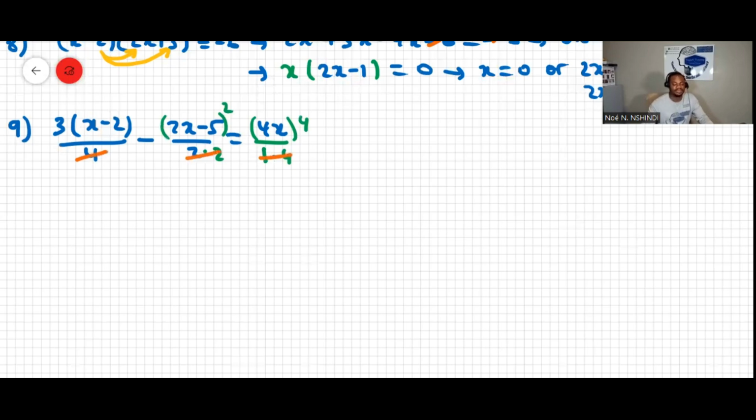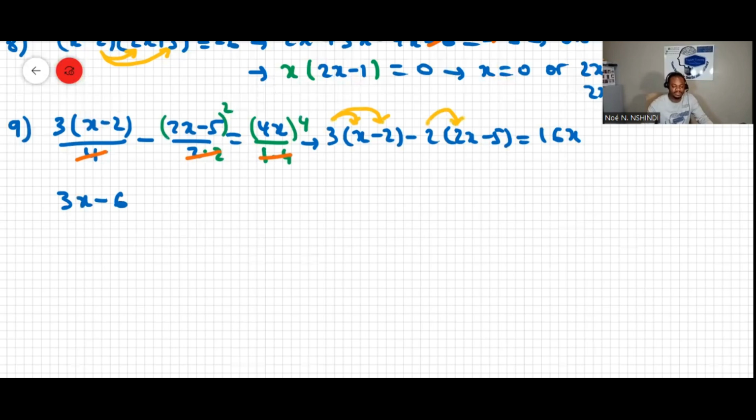So this will be 3 open brackets x minus 2 minus 2 open brackets 2x minus 5 equal to 16x.